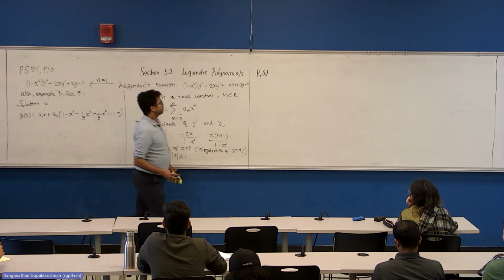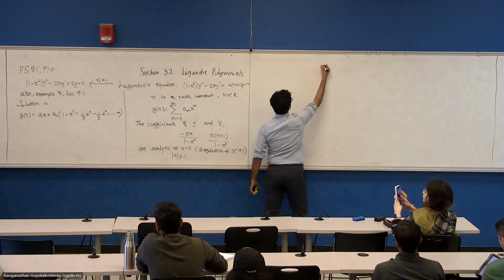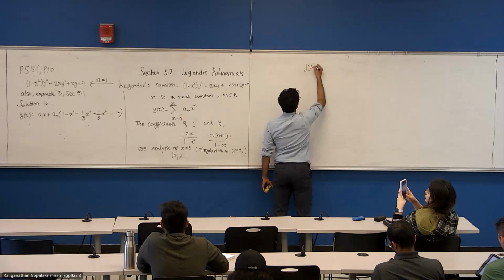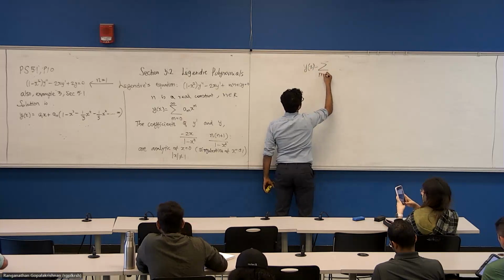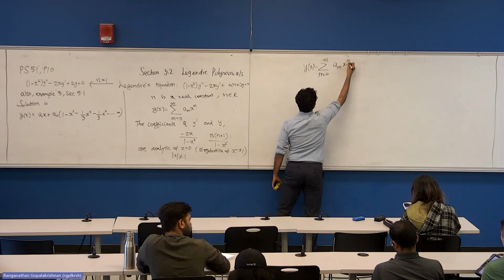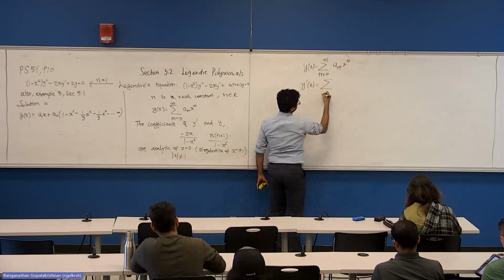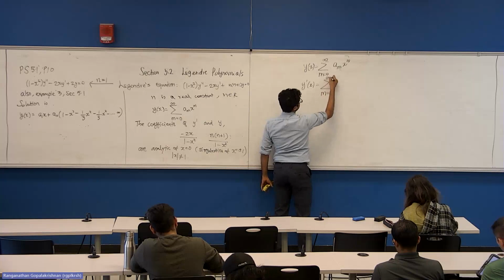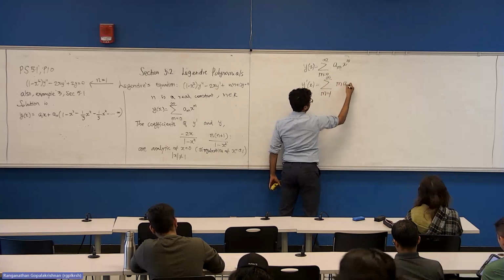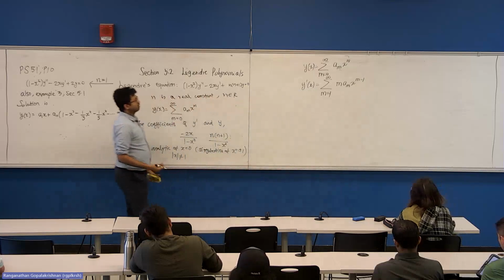Okay. So if we have y of x equal to summation m equal to 0 to infinity a_m x power m, you can write y prime of x as summation m equal to 1 to infinity m a_m x power m minus 1. You can do that, right?